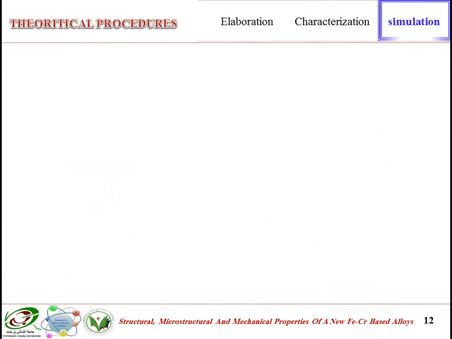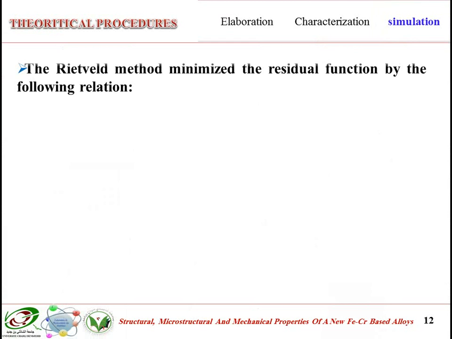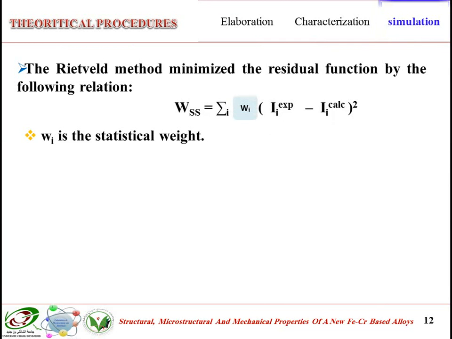The simulation of the diagram obtained by XRD was carried out thanks to the MAUD software, which is based on the Rietveld method. The Rietveld method minimizes the residual function by the following relation.